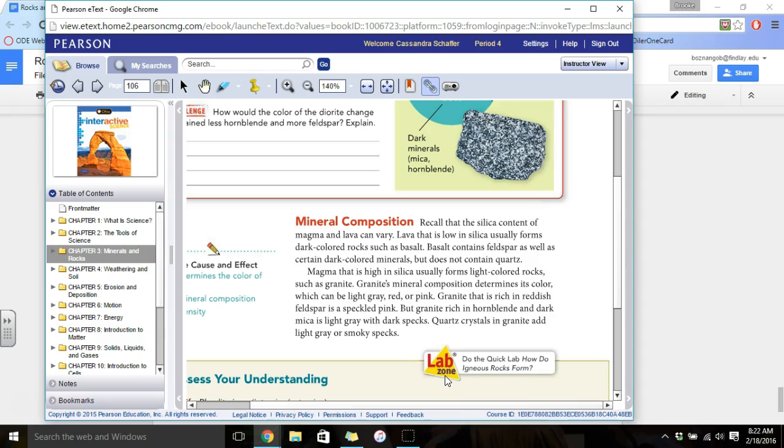Granite's mineral composition determines its color, which can be light gray, red, or pink. Granite that is rich in reddish feldspar is a speckled pink, but granite rich in hornblende and dark mica is light gray with dark specks. Quartz crystals in granite add light gray or smoky specks.